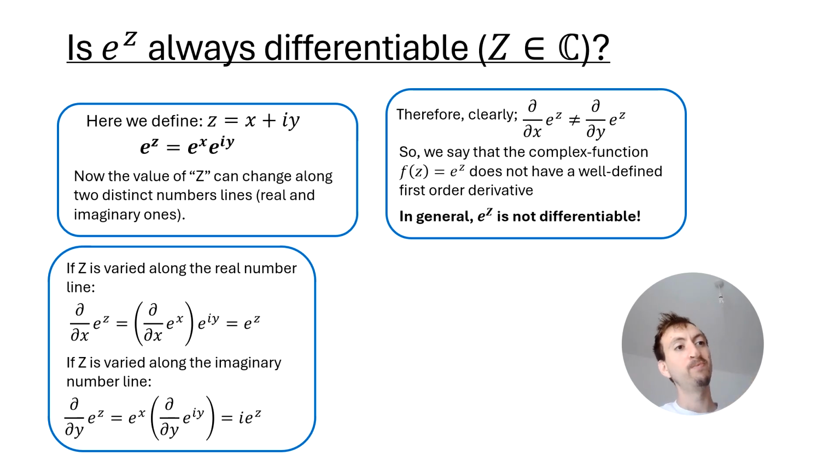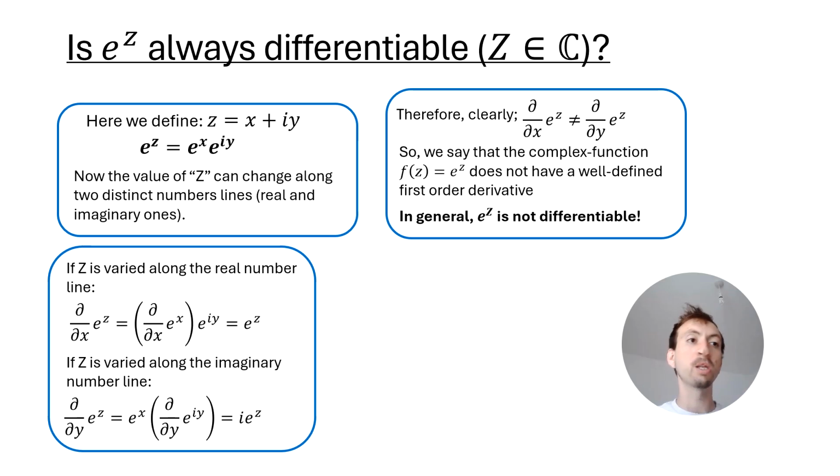So in general, e to the z will not be differentiable. That is, if we're allowing z to be complex, e to the z cannot be differentiated. We can differentiate if we have further information, but we can't evaluate statements like the derivative of e to the z with respect to z.